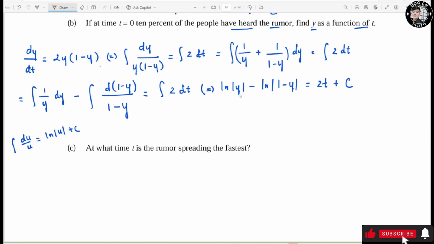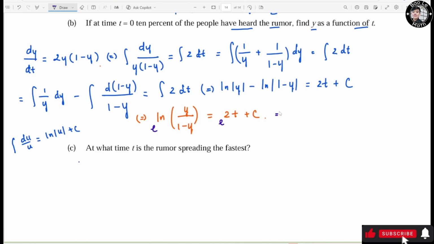Now we're going to use the logarithmic property to condense this one. So it could be ln(y/(1 - y)) = 2t + c. Now I'm going to exponentiate both sides.